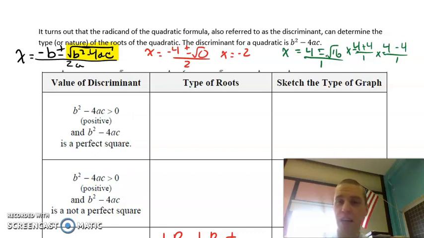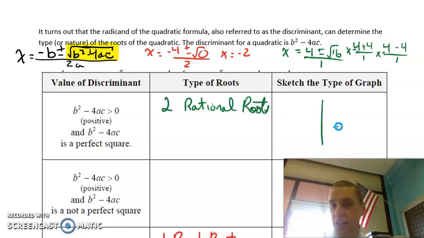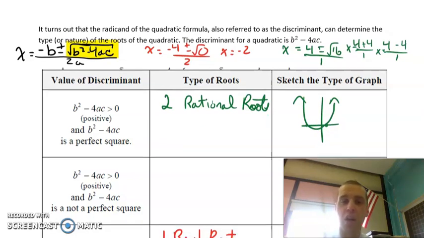The discriminant inside was 16, so these are going to be two rational roots. And the sketch could look something like this. You get here and here are your roots. The key is that they're rational.